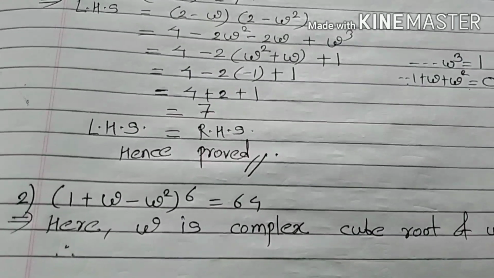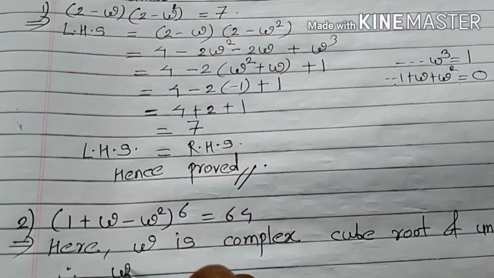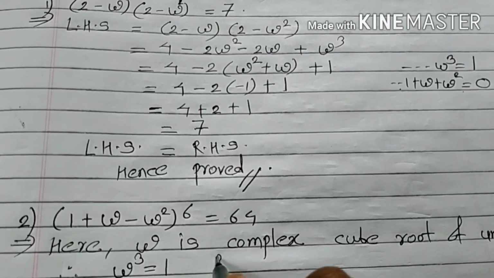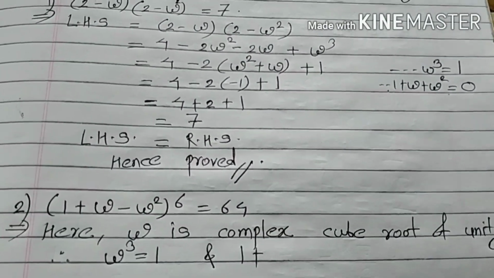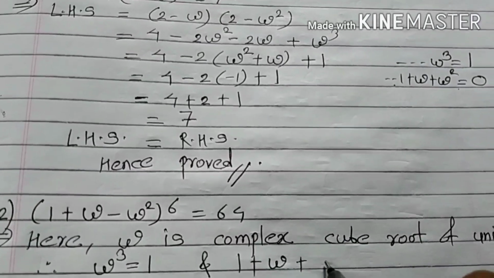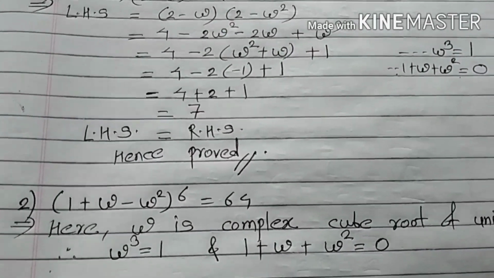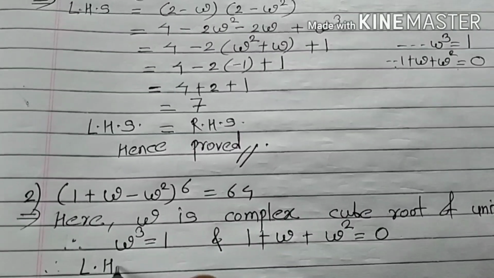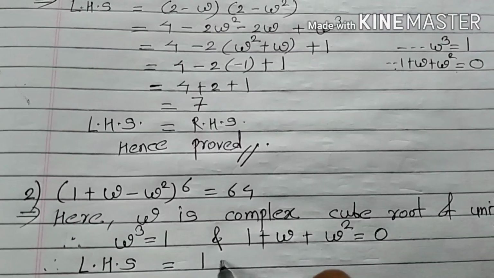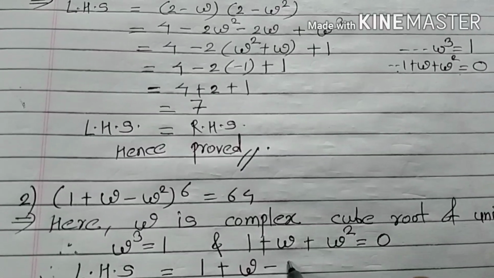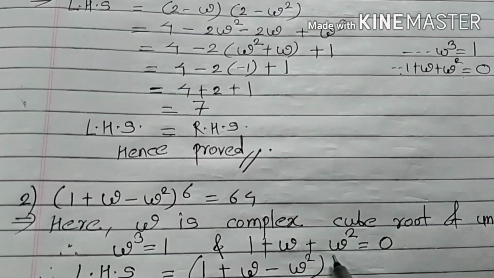Therefore, omega cube is equal to 1 and 1 plus omega plus omega square is equal to 0. Therefore, what is LHS? LHS is 1 plus omega minus omega square, raised to 6.